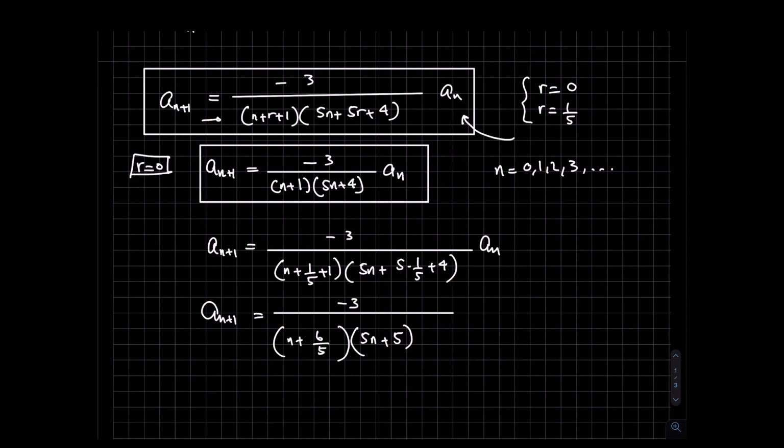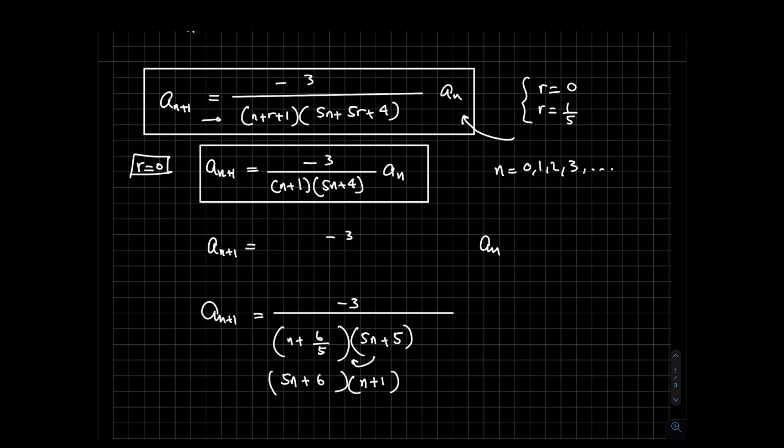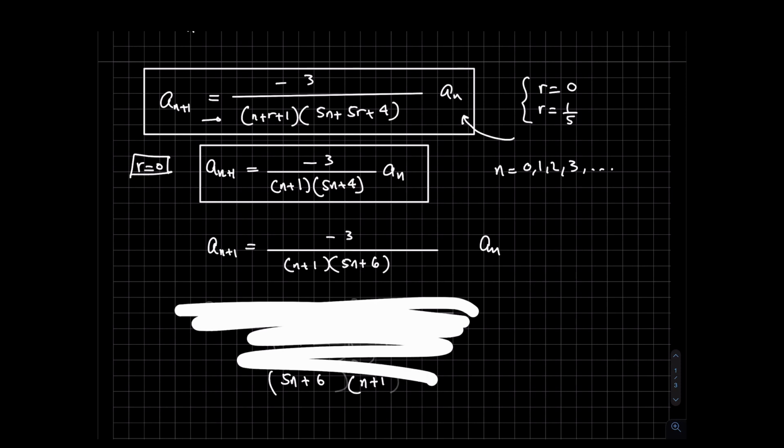But the good news is a 5 comes out of that power. So if a 5 comes out of there and that turns into n plus 1, that will turn this one into 5n plus 6, and the fraction will go away. So it actually is simpler. So if I just delete all that and draw my line, my denominator is simply n plus 1 times 5n plus 6, and I can just delete the rest.